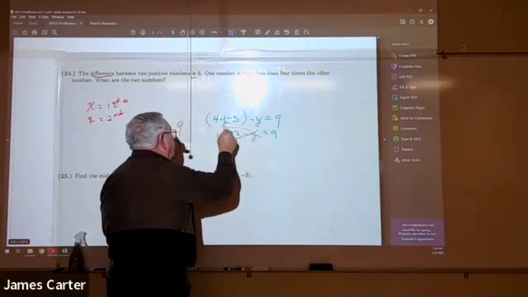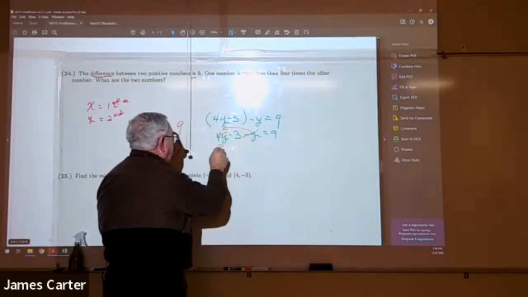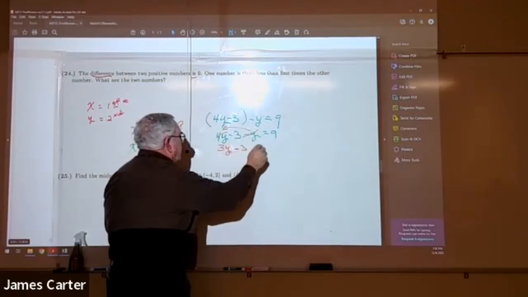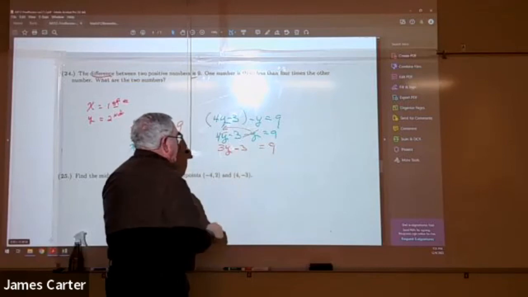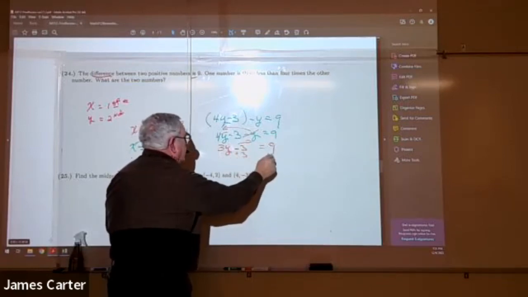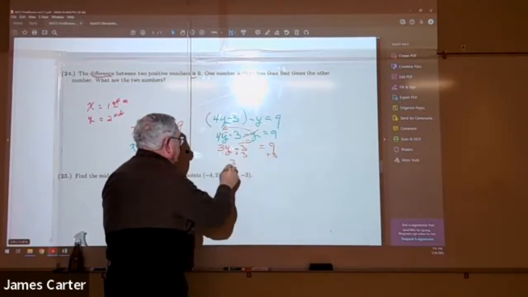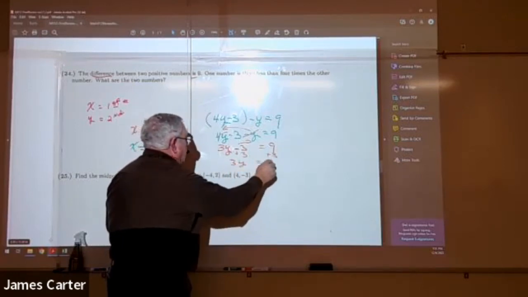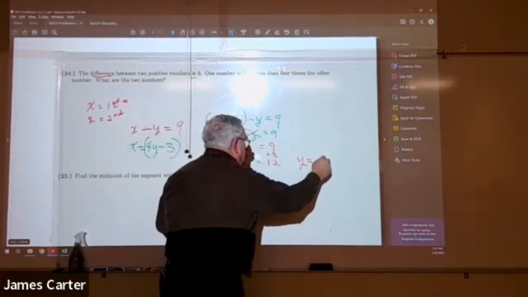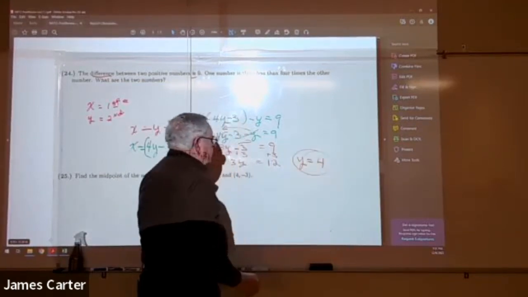I'm just going to move it over here and add them. I end up with 3Y minus 3 equals 9. Take that over, plus 3, 3y equals 12. So y equals 4. First answer.